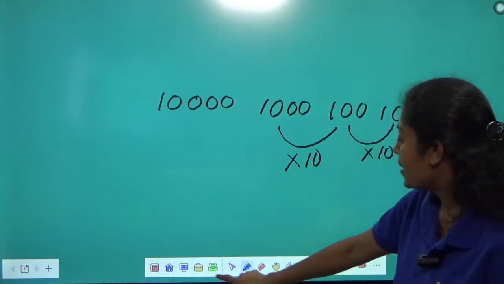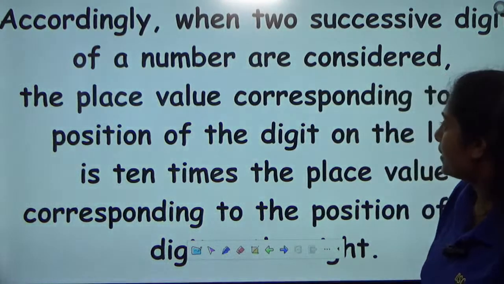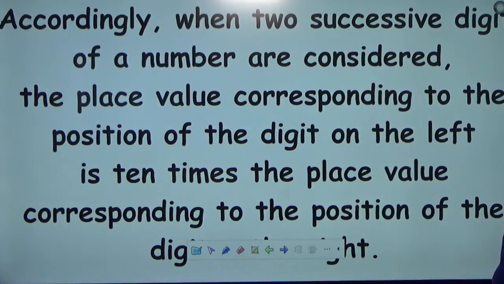Likewise. Again go to that part. Accordingly, when two successive digits of a number are considered, the place value corresponding to the position of the digit on the left is 10 times the place value corresponding to the position of the digit on the right. Have you identified that? So you have to remember that one also.